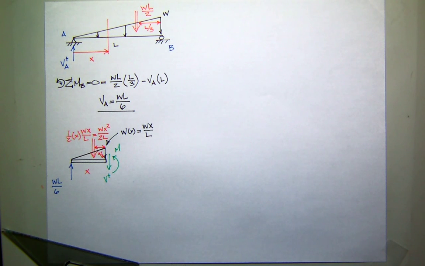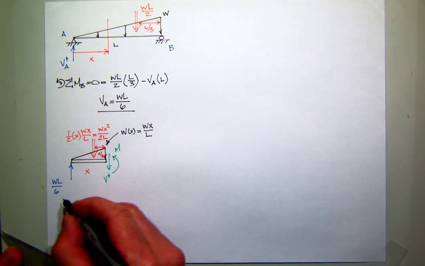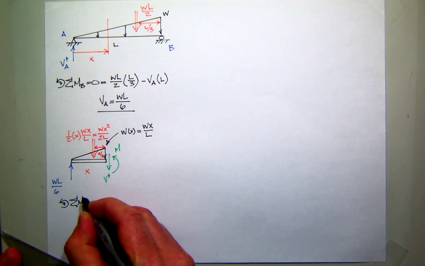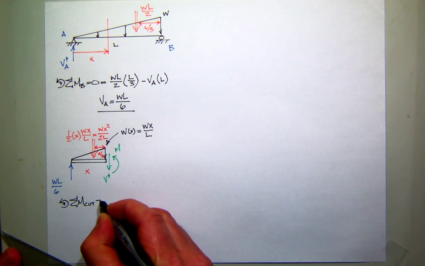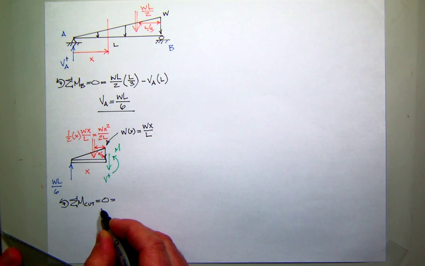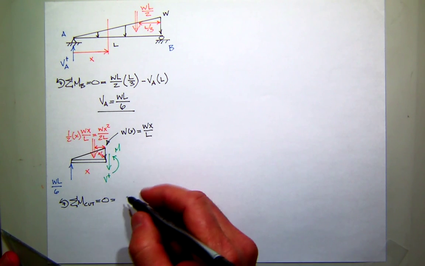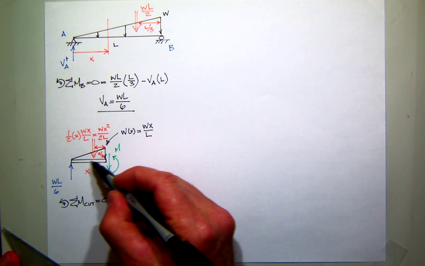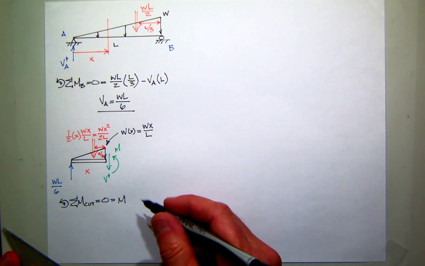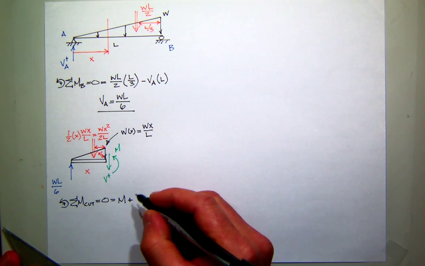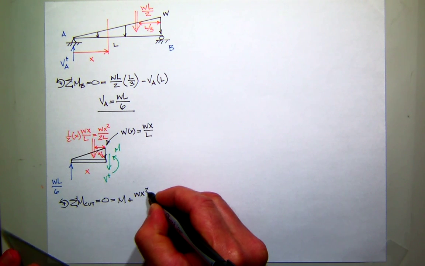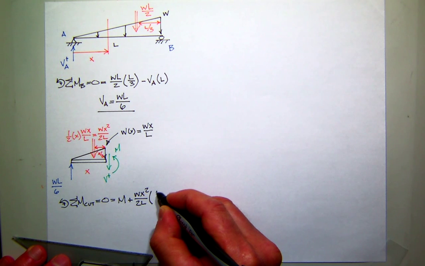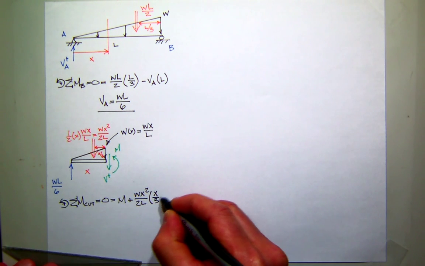Apologize about that. So now we'll go ahead and sum moments again, this time about this cut that we made, to make sure it's in equilibrium. So let's start. The moment, with my sign convention, is positive. The concentrated equivalent force of the triangular distributed load is also positive moment. And that would be Wx squared over 2L is the force, and the moment arm is x over 3.